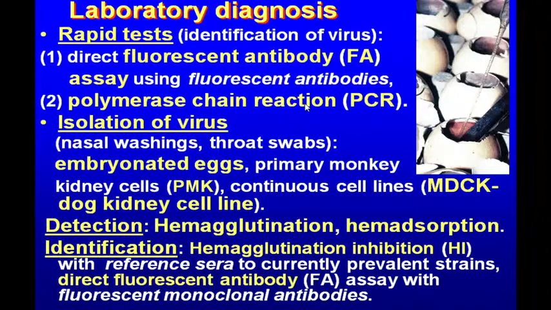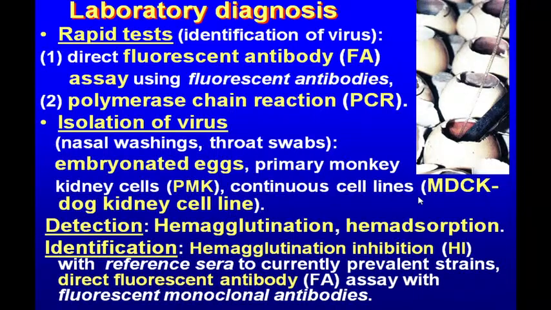So the isolation of the virus is performed from the nasal washings or throat swabs, and usually the best way to culture this virus is culture in embryonated hen's eggs.